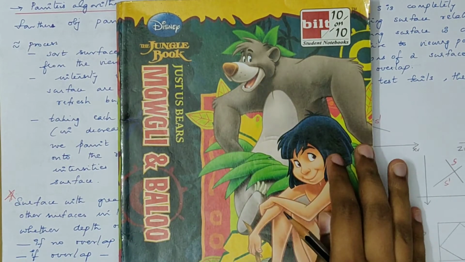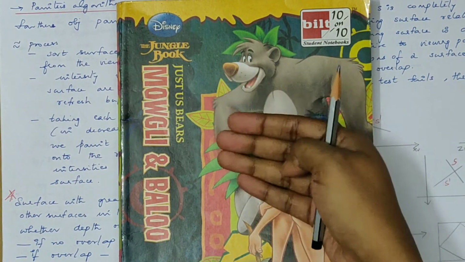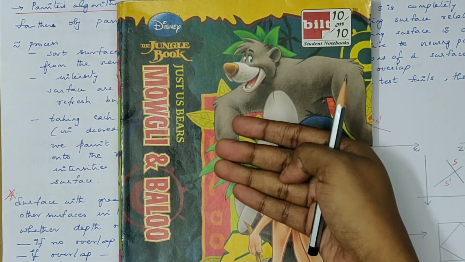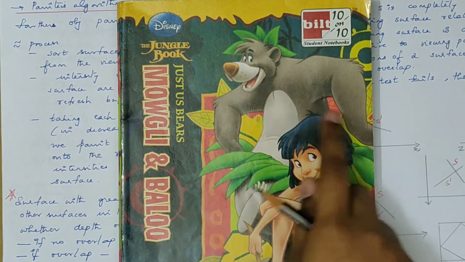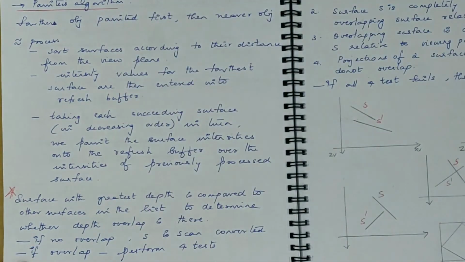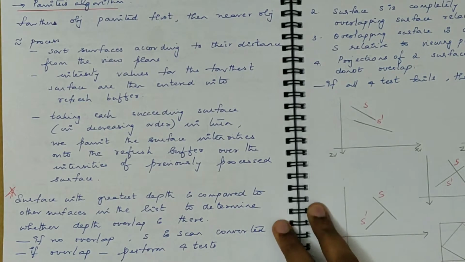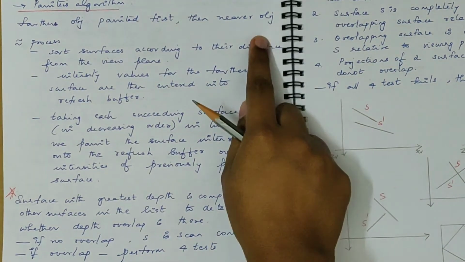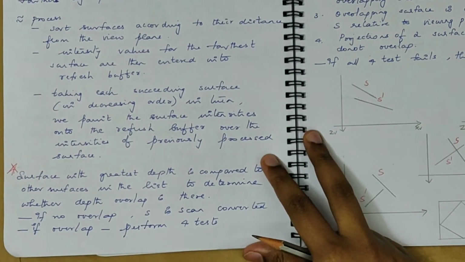You start with the farther objects, and then you come nearer with the next closer object, and then the next closer object, like that. That's how you would normally paint. So the depth sorting method also follows a similar scenario. Farther objects are painted first, then the nearer objects. The process is similar to that.